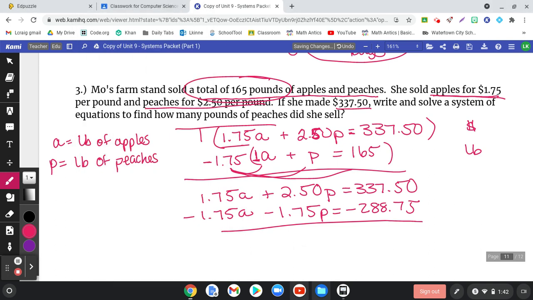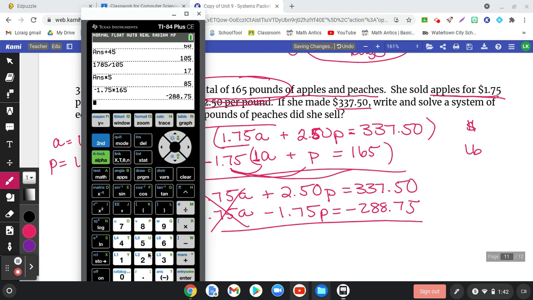All right, so now we're going to use elimination. When we do, the apples cancel. 2.50 plus negative 1.75, excuse me, 0.75P equals 337.5 plus negative 288.75, 48.75.